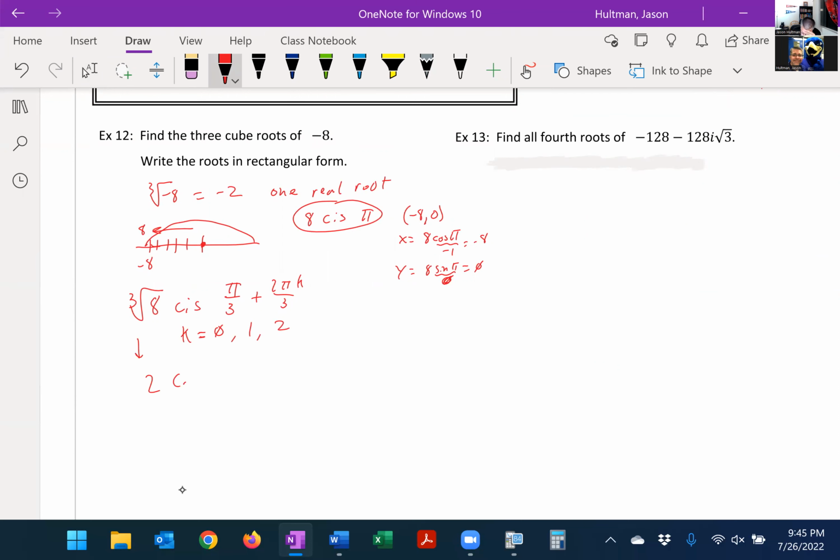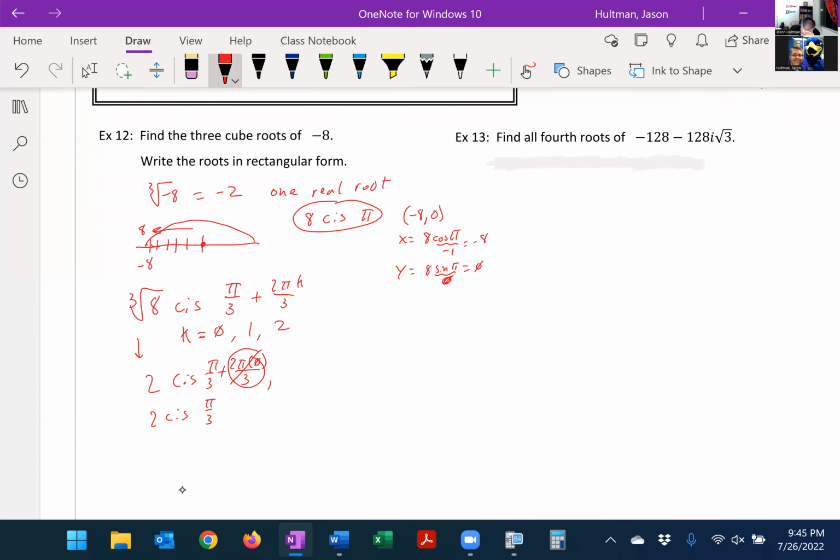Then I have CIS pi over 3, and then if I plug in a 1 here, that's pi over 3 plus 2 pi over 3, which is 3 pi over 3. If I plug in the 0, this whole thing goes to 0, so we're just left with 2 CIS pi over 3. I won't skip steps.